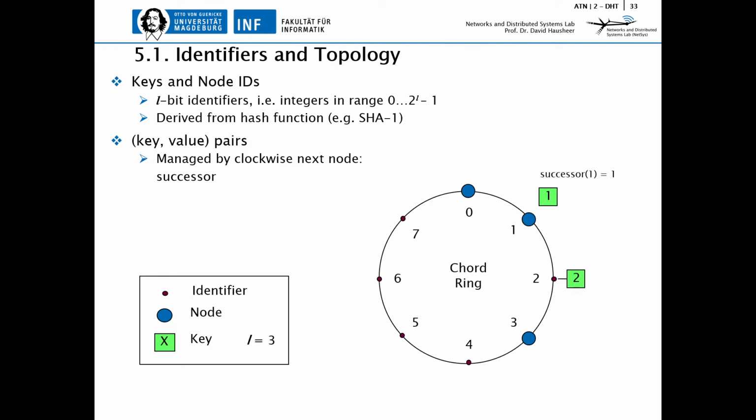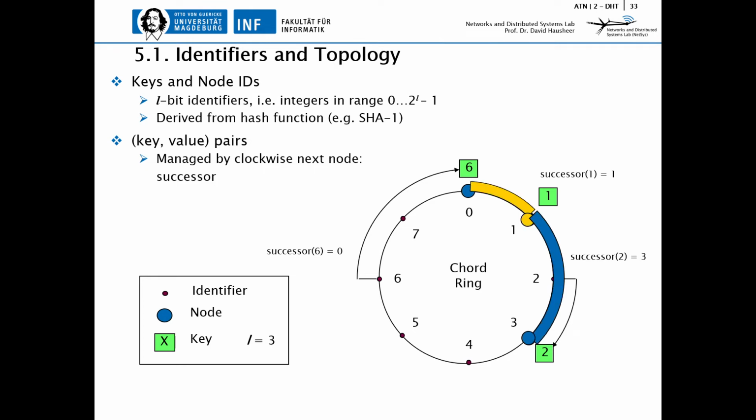Then for the key with ID 2, the node with ID 3 would be responsible because it's the successor of 2. And for example, a key with identifier 6, the successor would be node 0, and so node 0 would store that particular item.